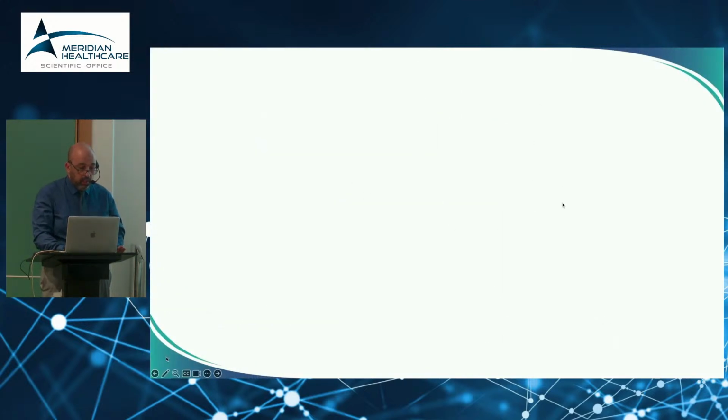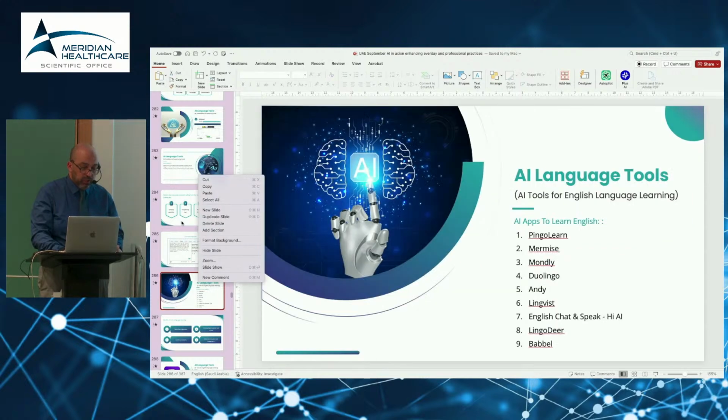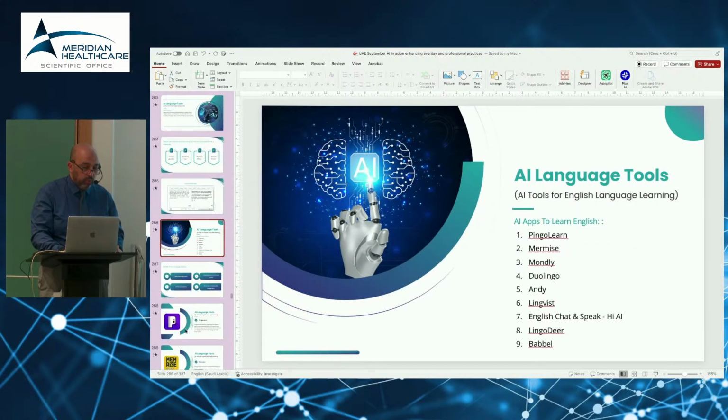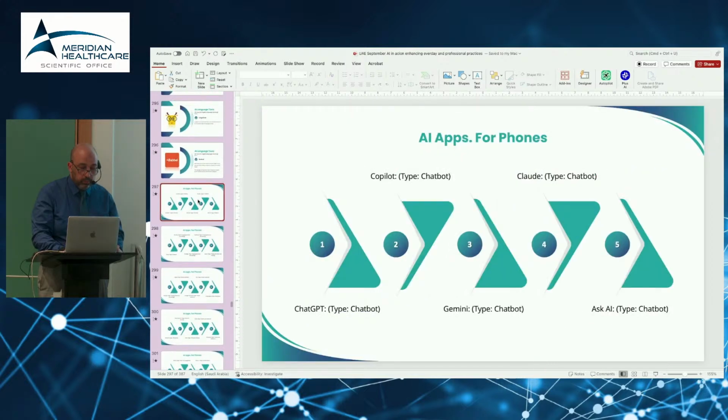Okay, the last in this group before going to the break is AI mobile applications. This is just like a summary of the previous. We have a lot of AI applications for phones.